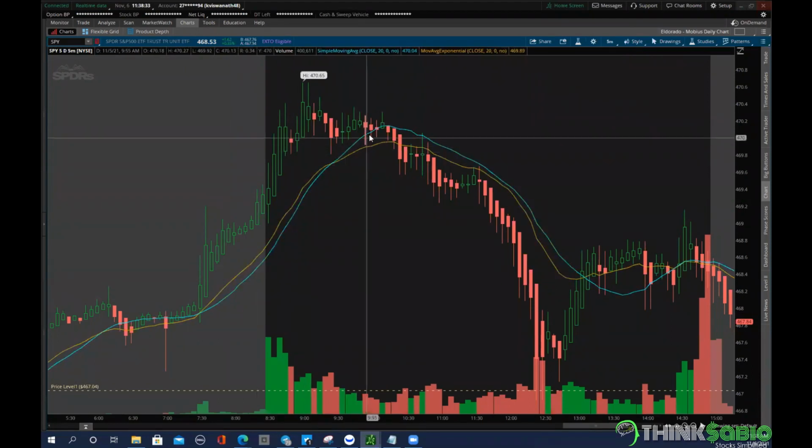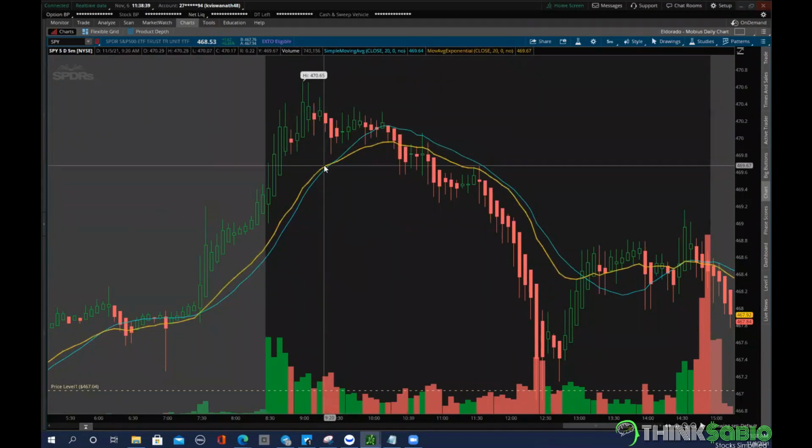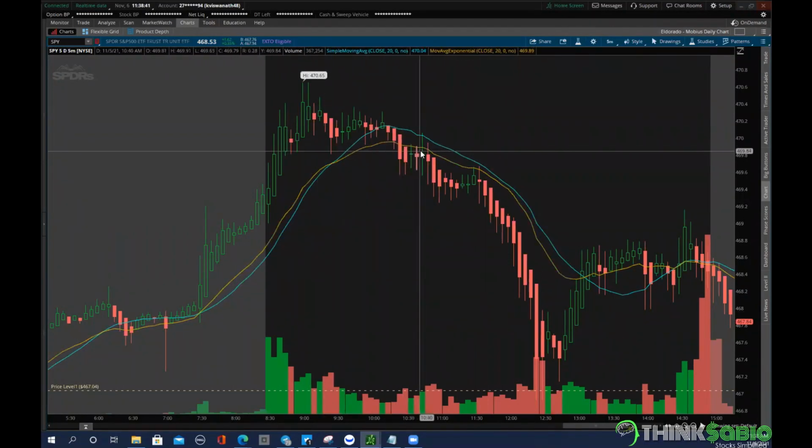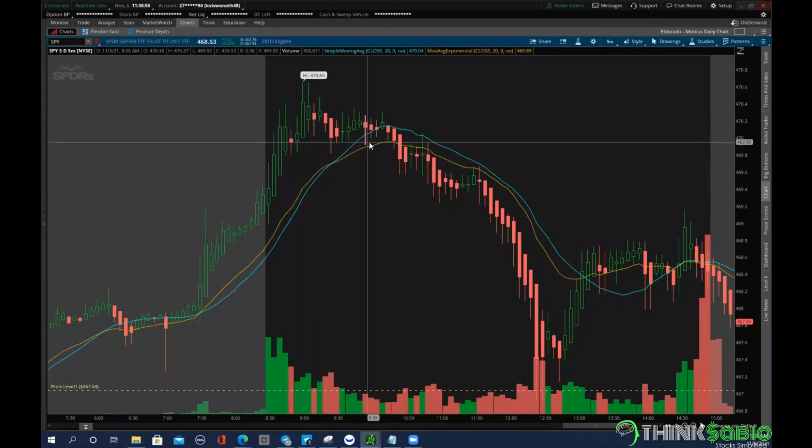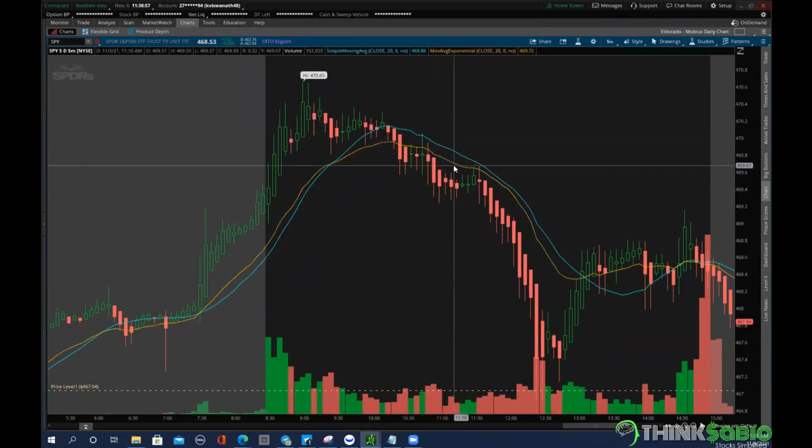If the price takes a steep dive, the exponential moving average will also take a steep dive, but the simple moving average takes its time. The way the calculation is made, the simple moving average is a slower moving average, and the exponential moving average moves quickly.